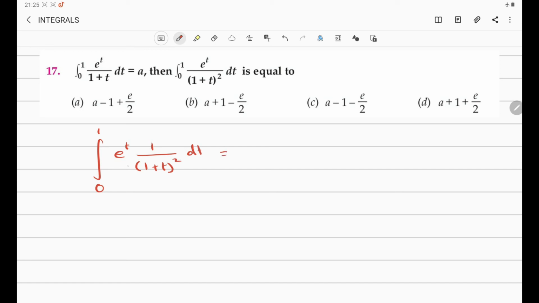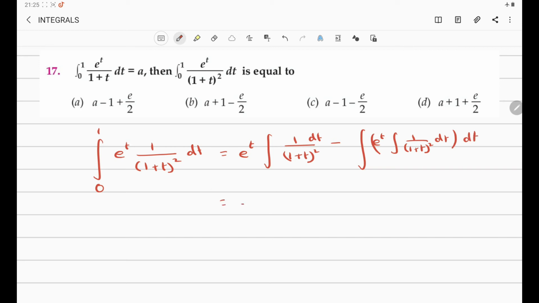We apply integration by parts, writing it as e power t into integral of 1 by (1 plus t) whole square, minus integral of the derivative of e power t, which is e power t, into integral of 1 by (1 plus t) whole square dt, whole thing into dt.